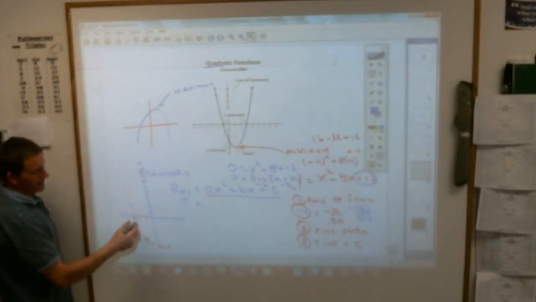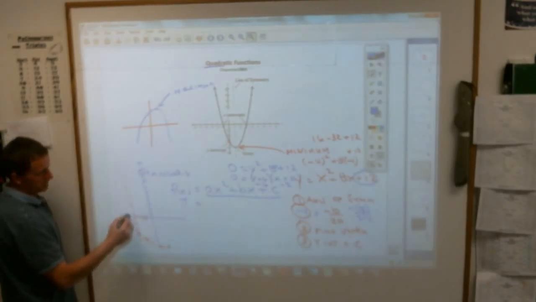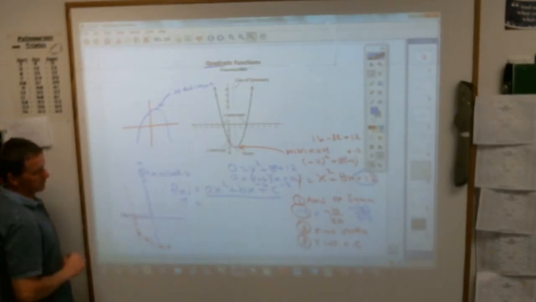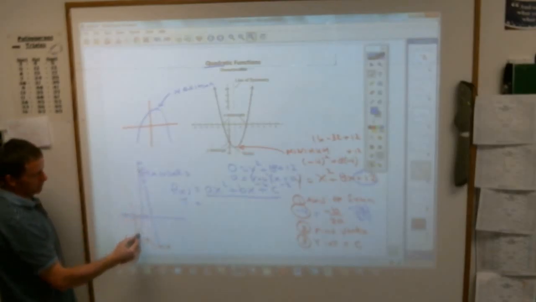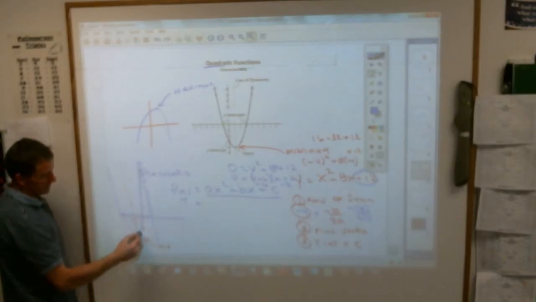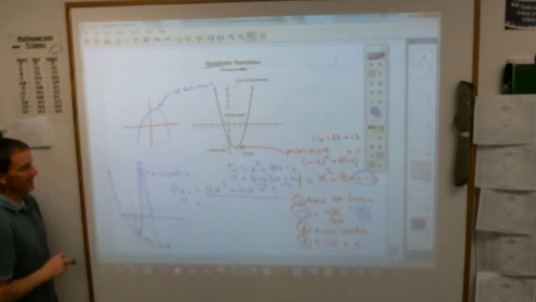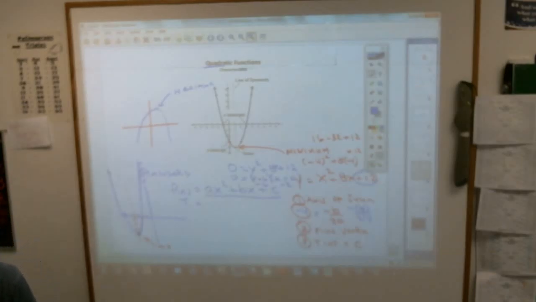So when x is negative 2, and when x is negative 6, those are both x-intercepts, and there's my graph. Goes down here to the minimum, does the same thing on the other side.